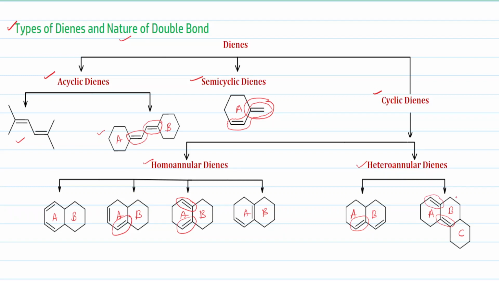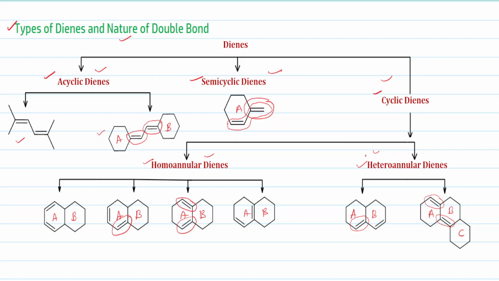So, to calculate the lambda max values of diene as well as triene, we need to identify the nature of the diene: acyclic, semicyclic, cyclic, endocyclic, homoannular or heteroannular. On that basis, we have to choose the base value, which may be 214 nanometer or 253 nanometer.